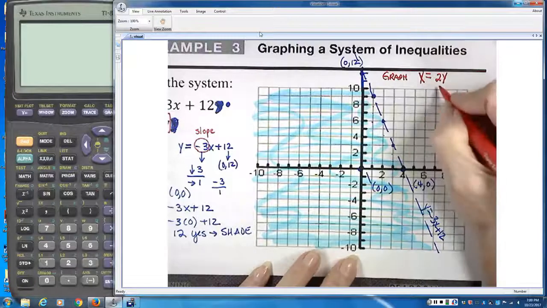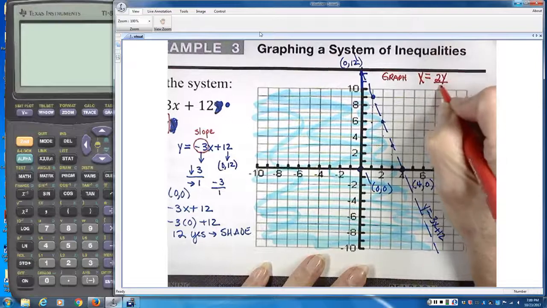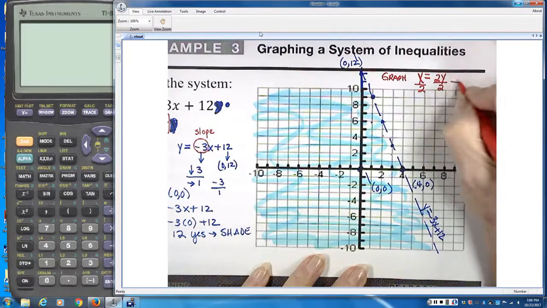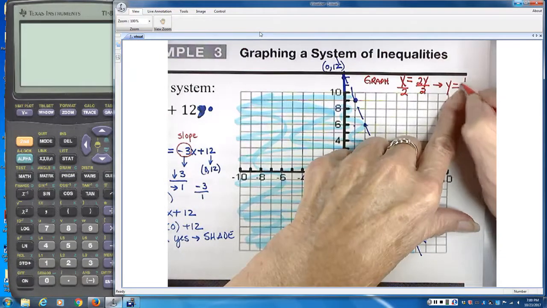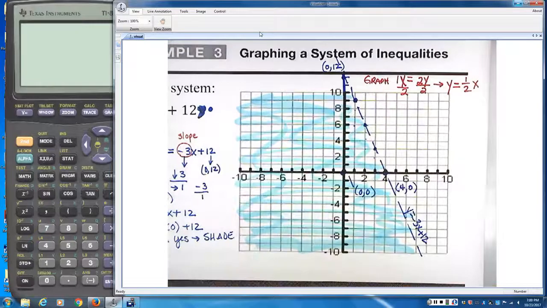What I'm going to do is solve this one for y by dividing both sides by 2. And that gives me y is equal to 1/2 x, because that's 1x over 2, and I'll just pull my 1/2 out front.